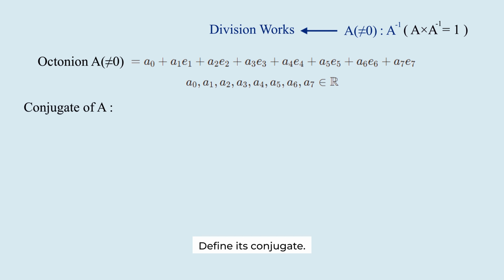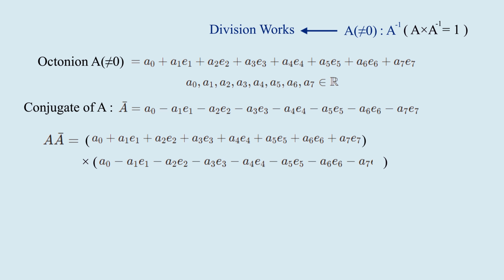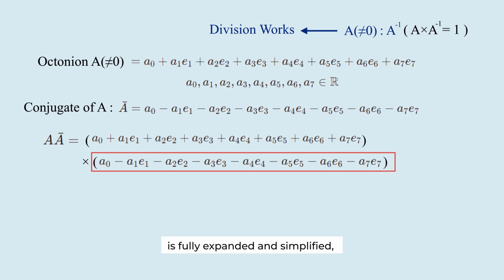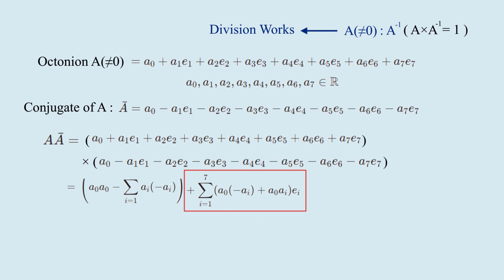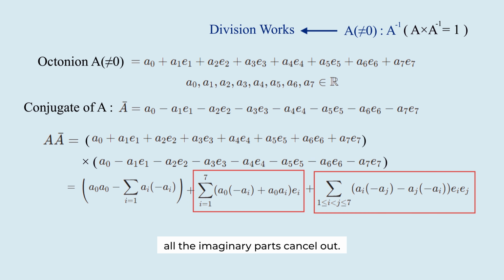Define its conjugate. Multiply them. Remarkably, when the multiplication is fully expanded and simplified, all the imaginary parts cancel out.